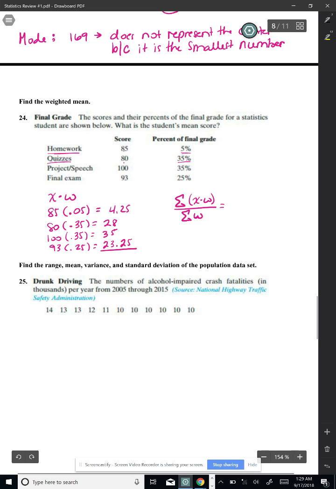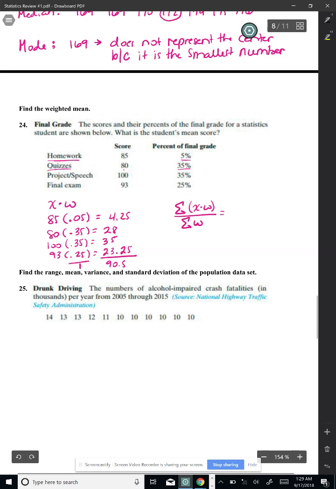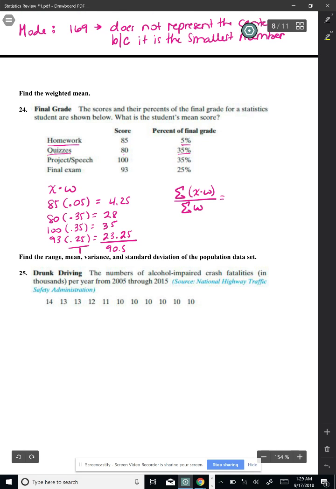So if you add up these numbers, you get 90.5. And if you add up the weights in decimal form, that would come out to 1, which it should because it's 100%. Your 5%, 35, 35, and 25, that's 100% of your grade, so that should come out to 1. So this would be 90.5 divided by 1, which would be 90.5.